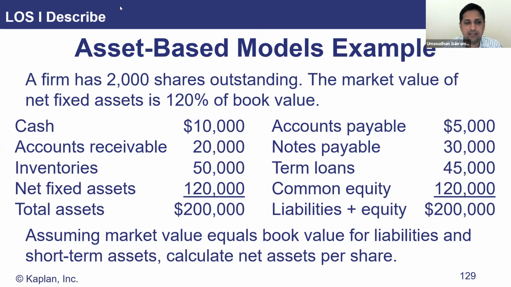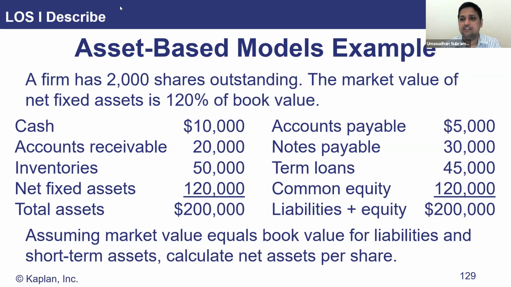That's right. The net worth of this company is $120,000, which is nothing but your equity value, the total assets minus your total liabilities. It is given specifically as common equity of 120,000, which is the share capital plus all the reserves, combined here and called common equity.